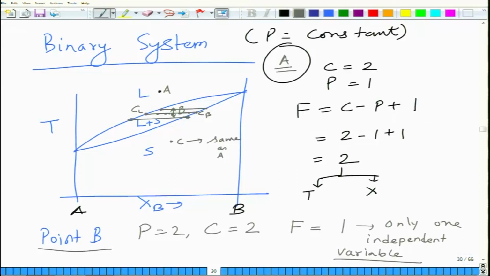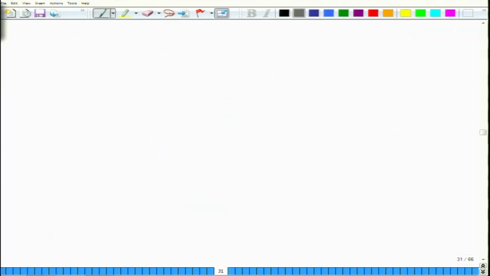You can apply the same logic to eutectic phase diagrams. In case of eutectic and peritectic phase diagrams, there is a slight difference because you have invariant points, because you have three phase equilibrium, that we will see in the next lecture.